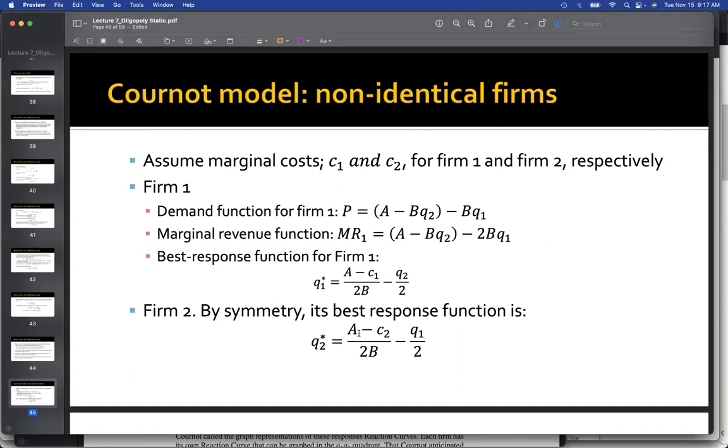Again, paulit-ulit lang yung tanong ko. Everyone should know what this is. What is this? We know it's monopoly profit, but whose monopoly profit is it? Same thing with firm 1. This is monopoly profit, but whose monopoly profit is it?